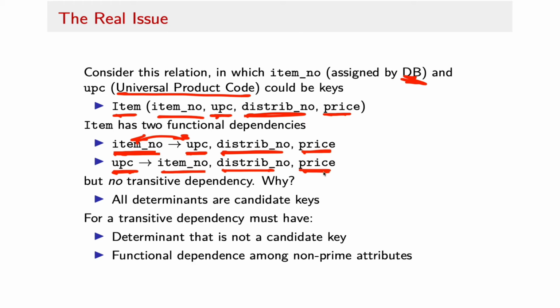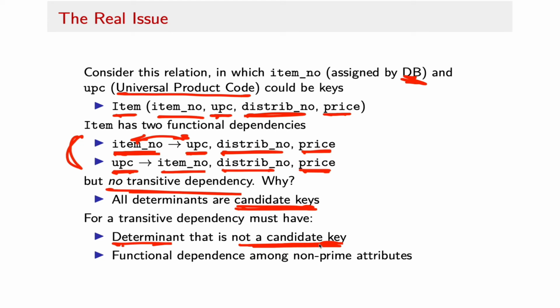Now, there's no transitive dependency here, right? Because all of the determinants on the left-hand side of these two functional dependencies are candidate keys. For a transitive dependency, we have to have a determinant that is not a candidate key.